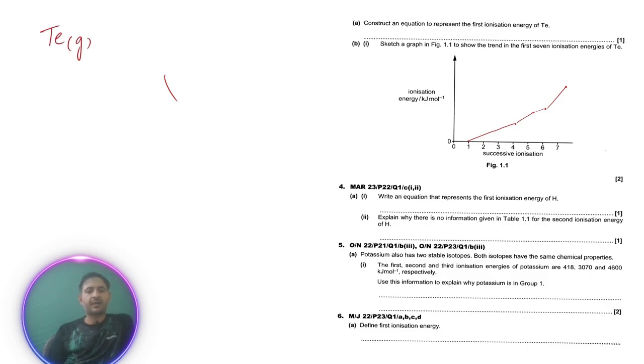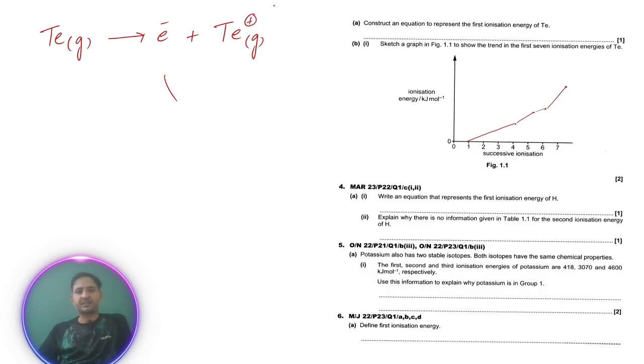Now you remove one electron and write tellurium in positive gaseous form. Two things are important: the element must be in the gaseous state, and the product must have the positive gaseous sign.